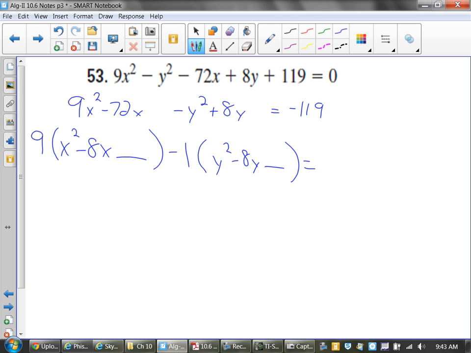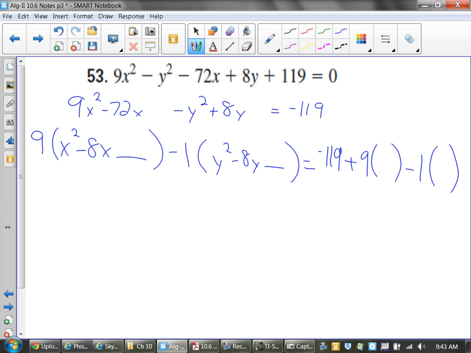Now on the other side, I have negative 119. I took out a 9, so I have to put back in a 9 times something. I took out a negative 1, so I've got to put back in a negative 1 times something. Usually most people will forget that 9 or that negative 1. You've got to remember to put that on both sides.